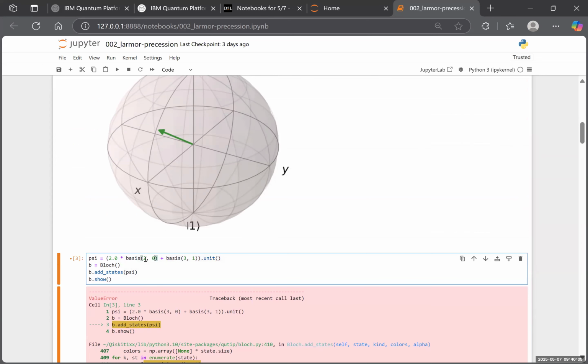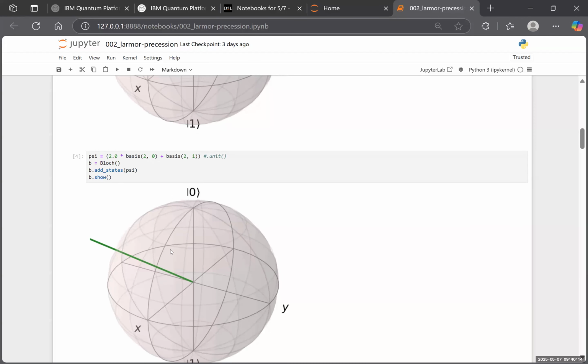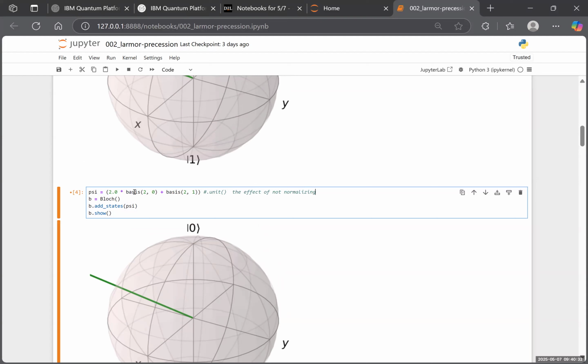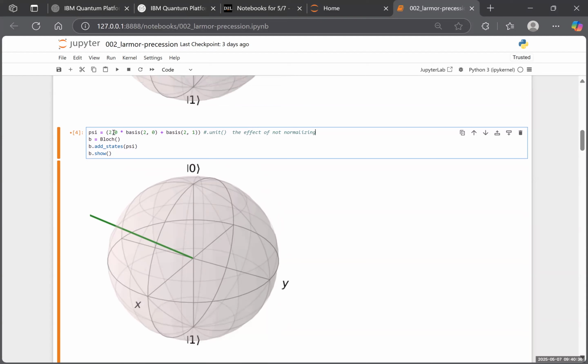And then let's try by not giving it the unit. So you see it goes beyond the unit sphere. The error is too big.